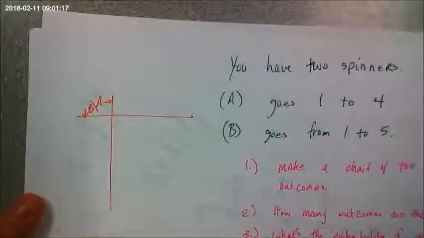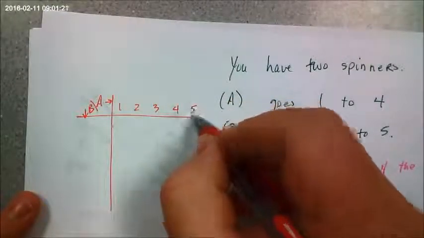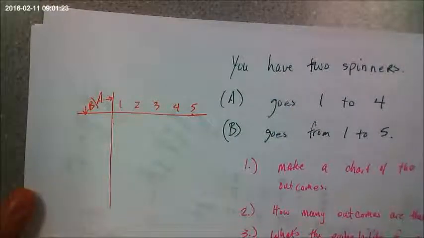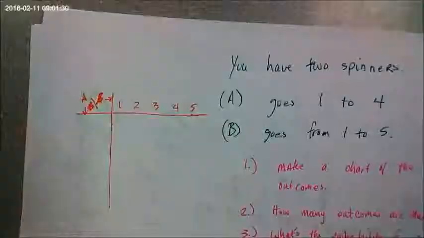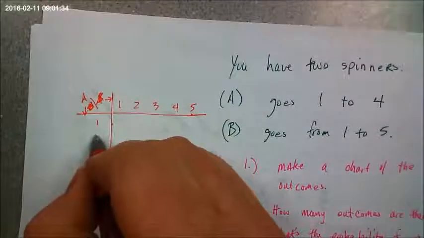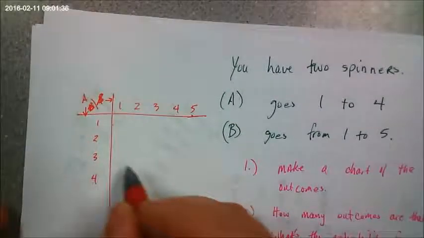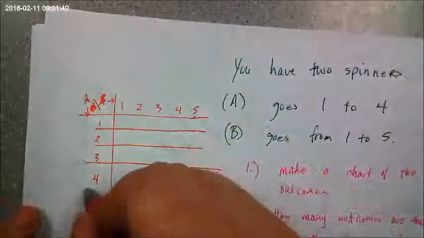So 1, 2, 3, 4, 5, because spinner B goes all the way through 5. And 1, 2, 3, 4.